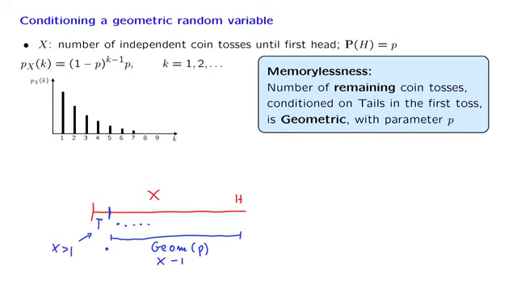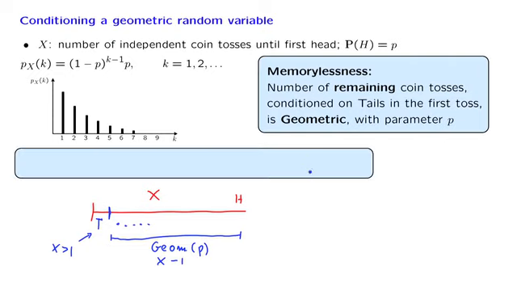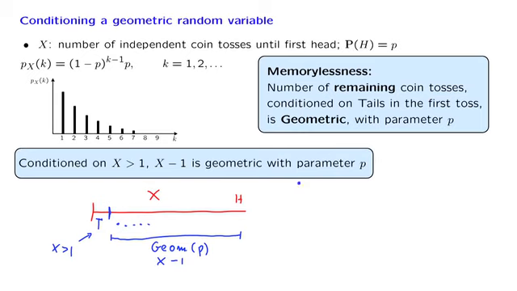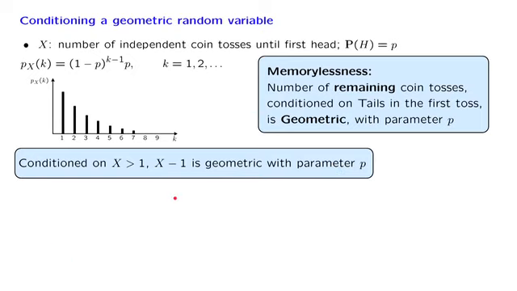So the statement that we have been making is the following in more mathematical language: conditioned on X being larger than 1, the random variable X minus 1, which is the remaining number of coin tosses, has a geometric distribution with parameter p. Let us now give a more precise mathematical argument, but first for a special case.